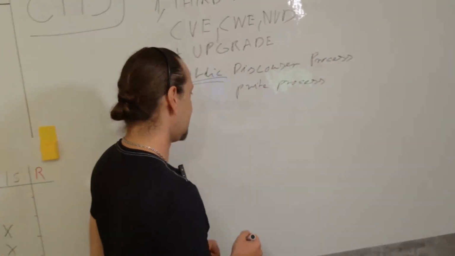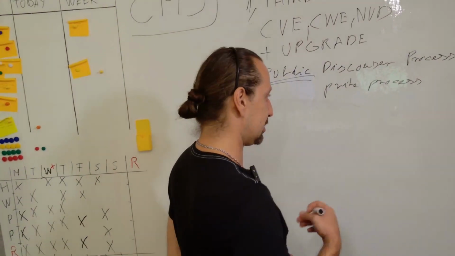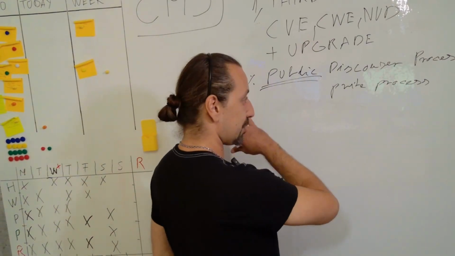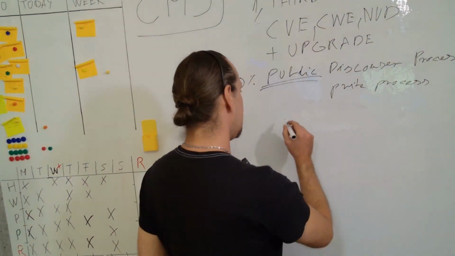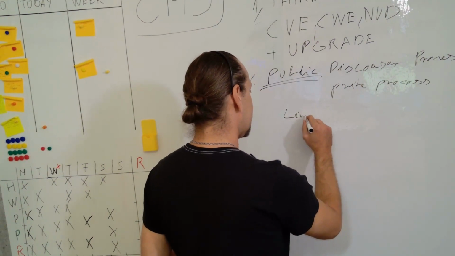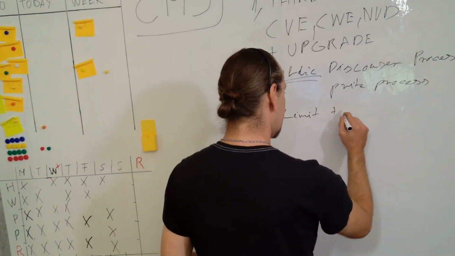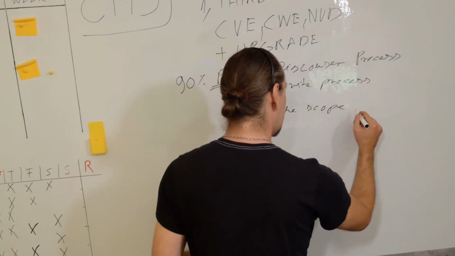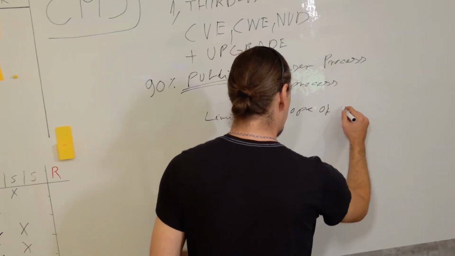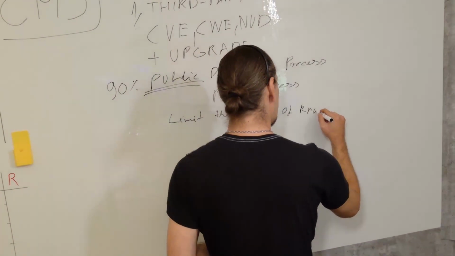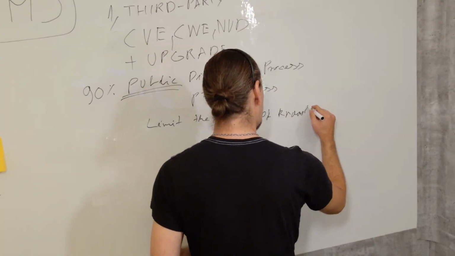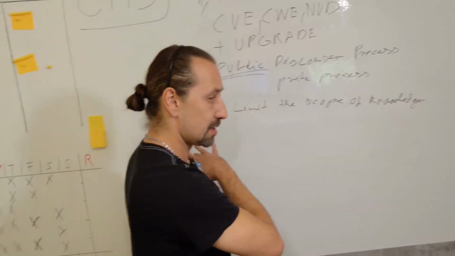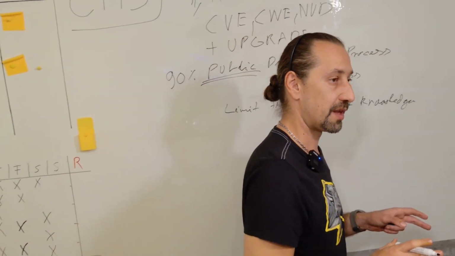This is why I talked about in the previous video. The purpose of this process is to limit the scope of knowledge. So we want to limit the scope of knowledge.